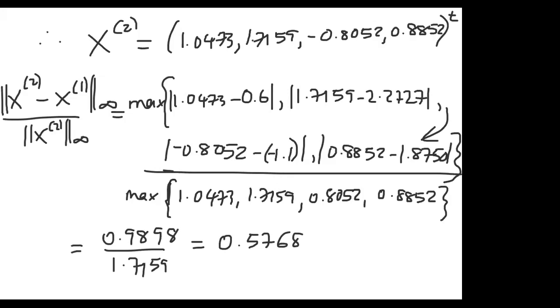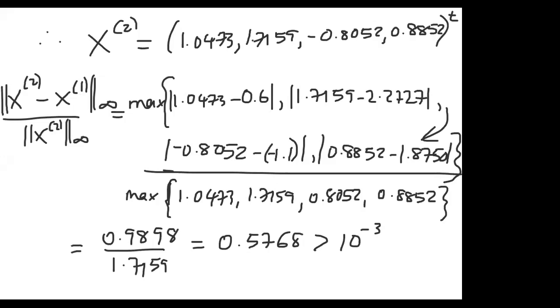If this value is less than 10 to the power negative 3, then I'll be able to stop at k equal to 2. But I'm able to see that this is not the case. Actually, this value is greater than 10 to the power negative 3, so I need to do more iterations.